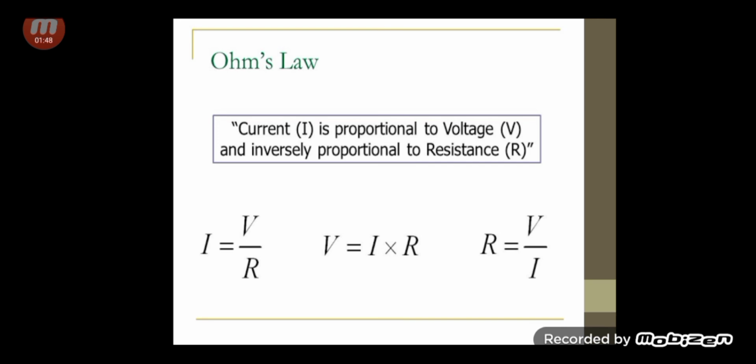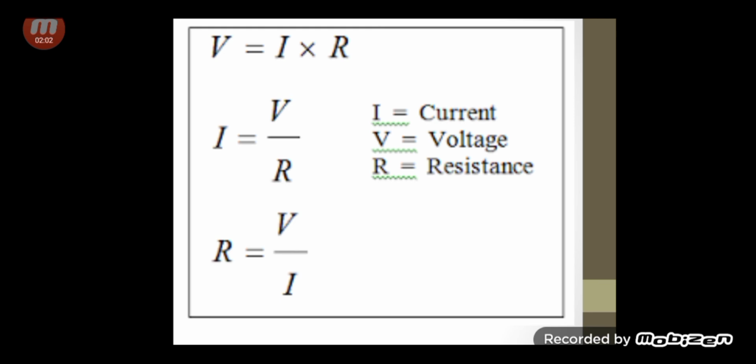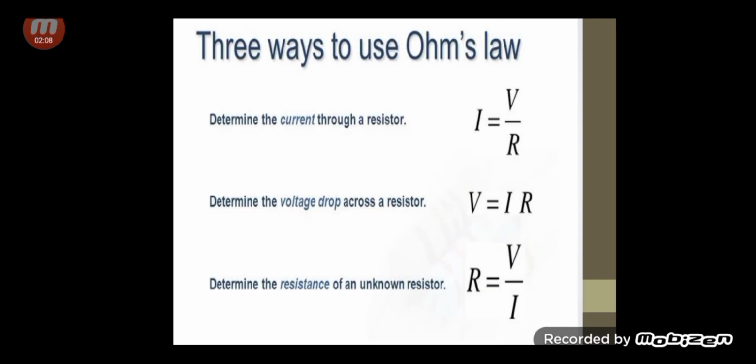And remember, resistance must be constant, or you may say that the temperature of the wire or the electrical appliance must be constant, because we have discussed in the previous video that temperature has a direct relation with resistance. By these you can calculate potential difference, electric current and resistance.